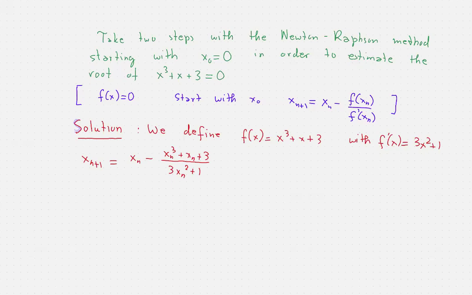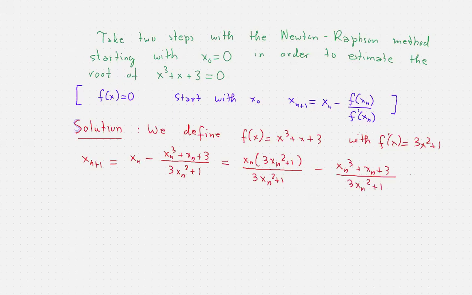So if we clear denominators, we will have xn times 3xn squared plus 1 over 3xn squared plus 1 minus xn cubed plus xn plus 3. We could very easily work with this without simplifying anything, but let's just do this.